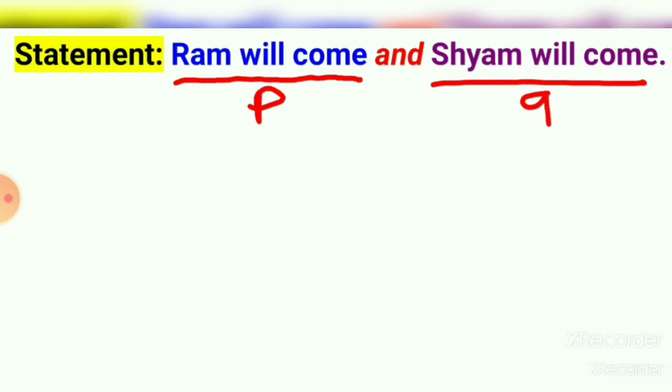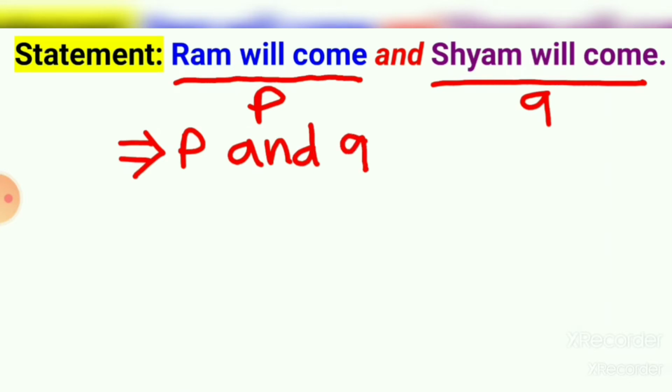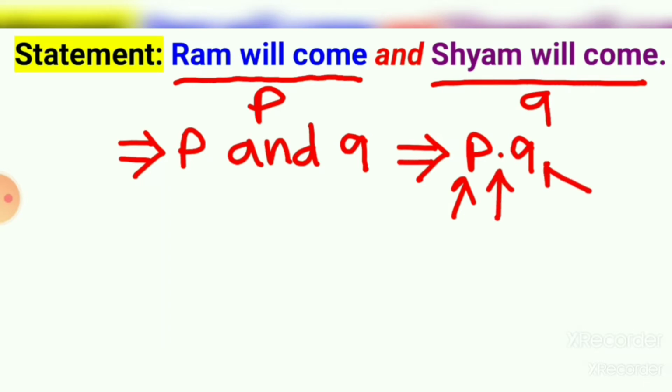Then we can rewrite the statement as P and Q. If we represent the word AND using a dot symbol, we get P dot Q. Here P represents Ram will come, dot represents AND, Q represents Sam will come.